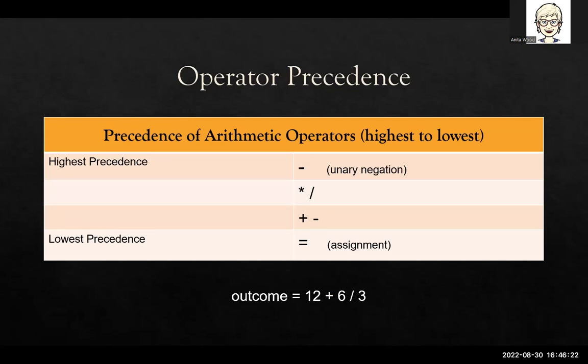The addition and subtraction operators have the same precedence. The assignment operator has the lowest precedence, which means it is the last operation that will occur. That makes sense because in programming, the assignment of the calculation results is the last thing that occurs. So ultimately here, the value 14 is assigned to the outcome variable. The very last item in our operators is the assignment.